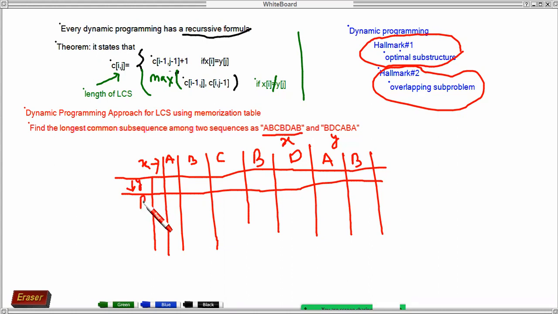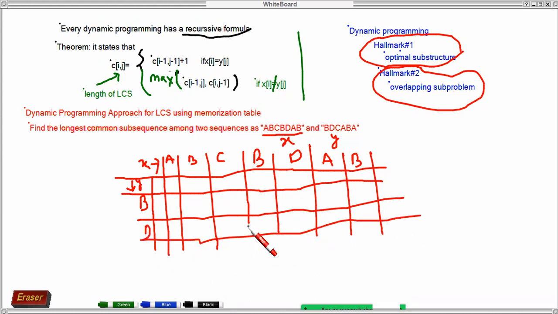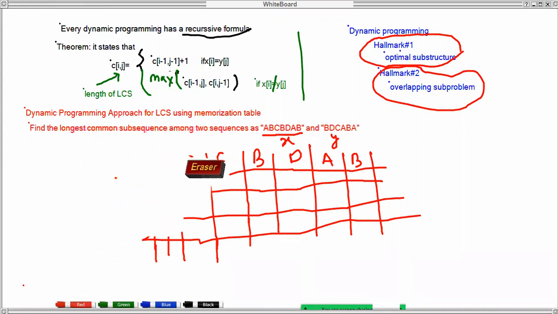I'm writing B first, then D, then this method will continue. Space is not available.